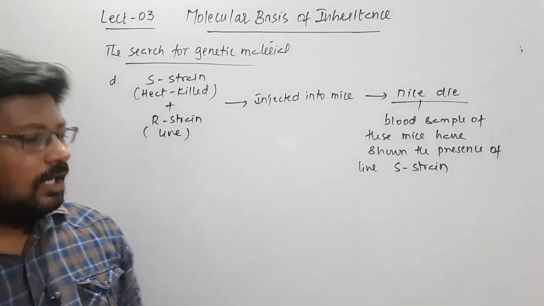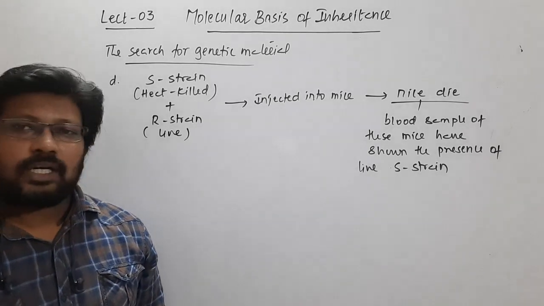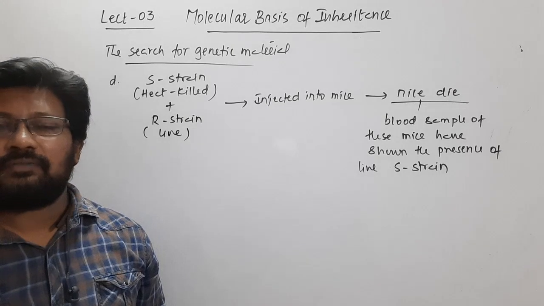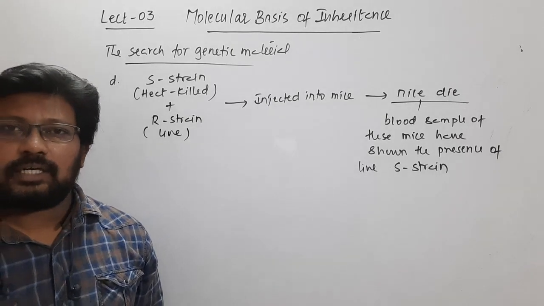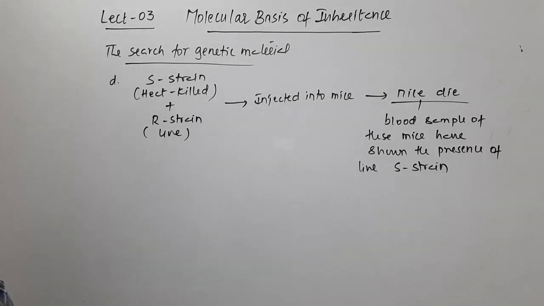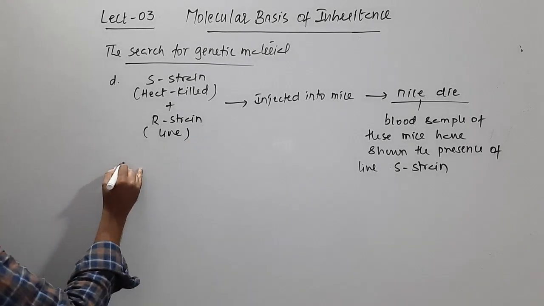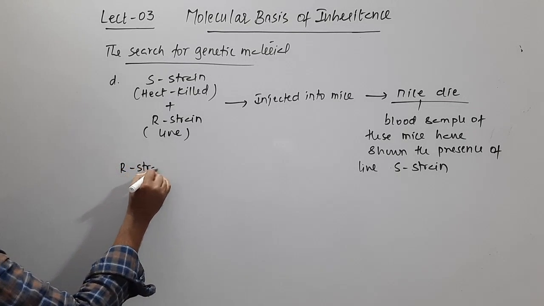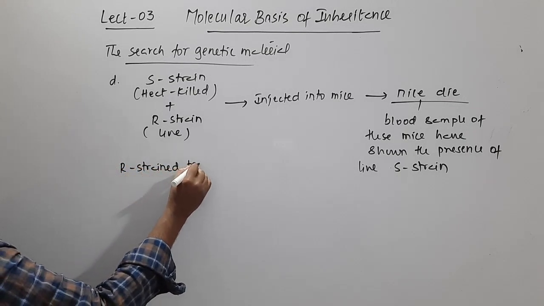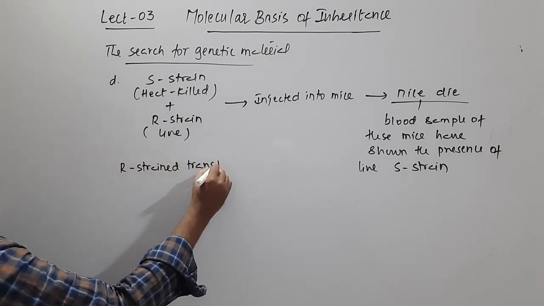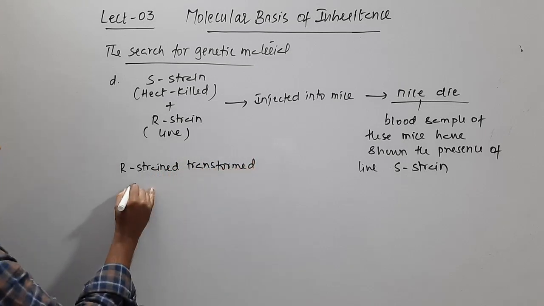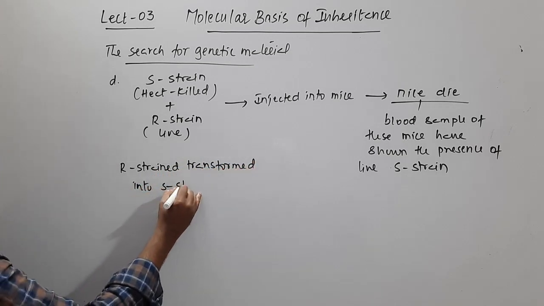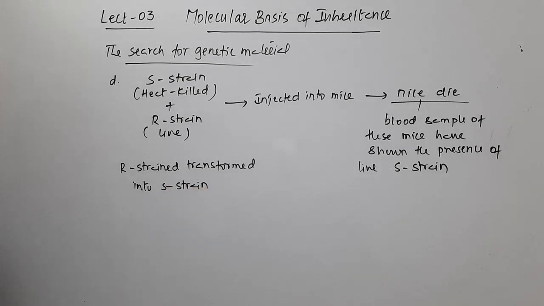So what is the reason for this? Griffith was not able to explain, and concluded that R strain transformed into S strain. So that's what is called the transforming principle.